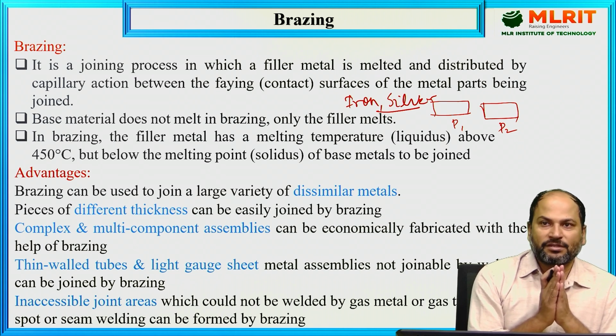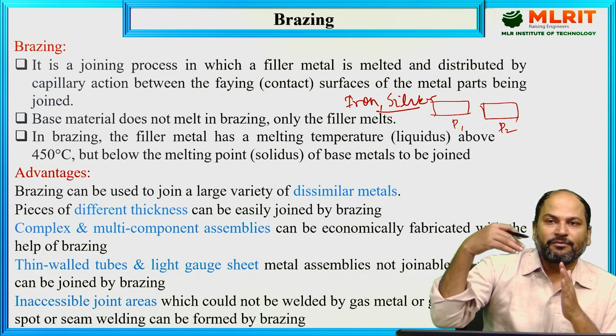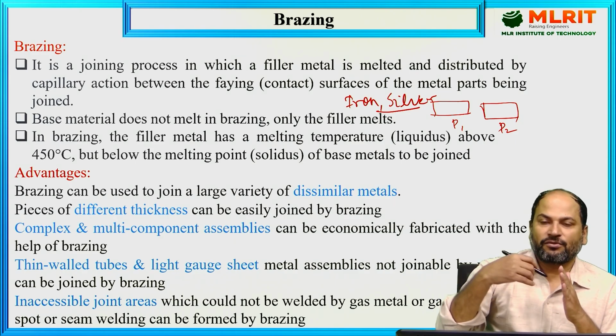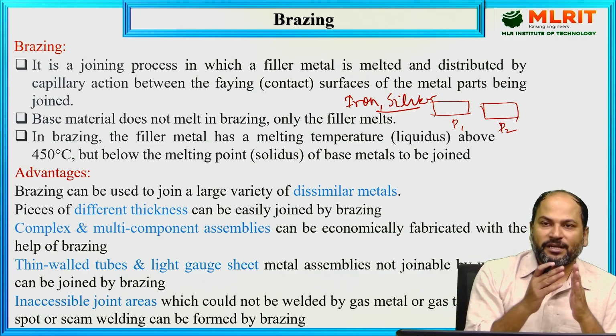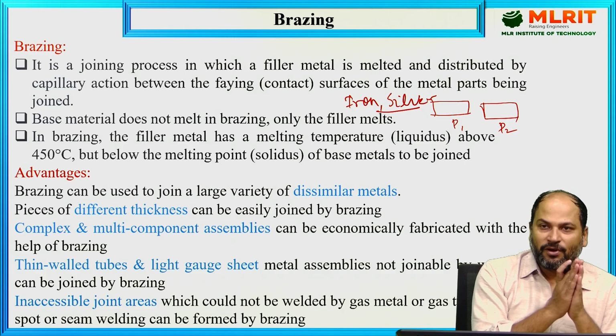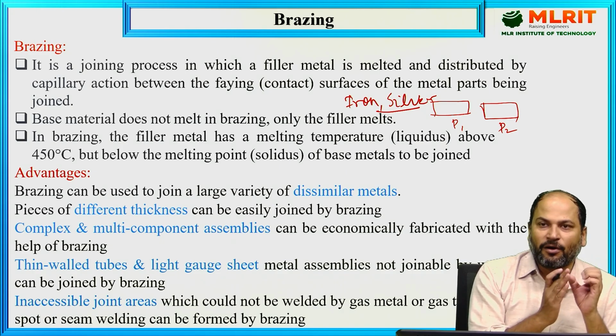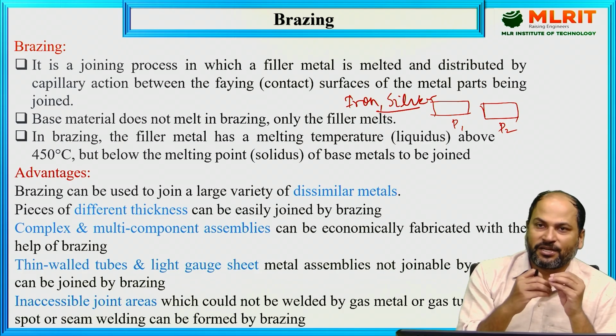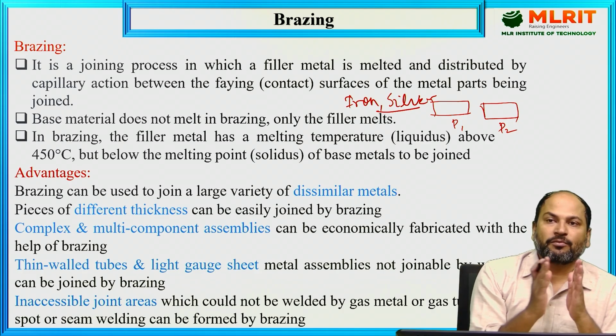Then of course they will not be welded directly. So what we generally do is bring a third material in the form of a filler. That third material will be mixable with this palm, and of course mixable with this palm as well. Now see, this third material, or the filler, is mixable with both separately.